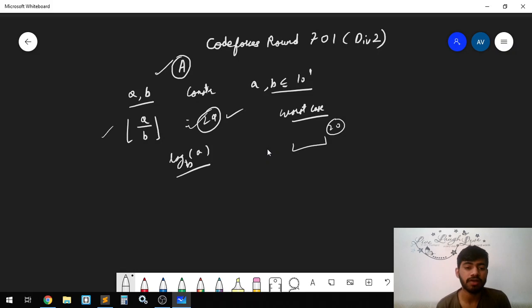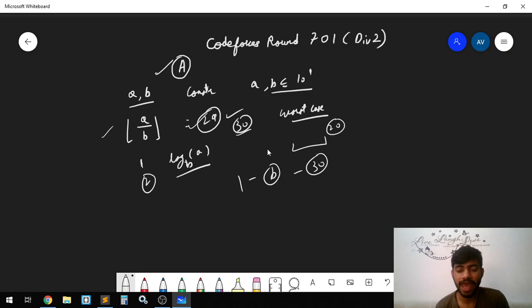Because if the value of b is 1, then we just need to add 1 to it, that is 2, and now check for a divided by b, that is 30 or 29. So in the worst case scenario, it's 30 operations, and we can just check each value of b from 1 to 30, that is, we just add 1 to 30 in b.